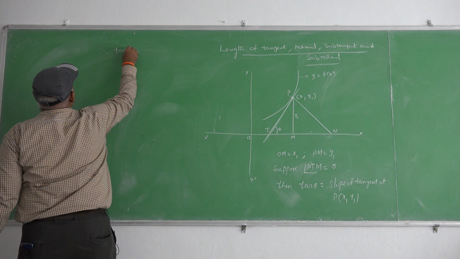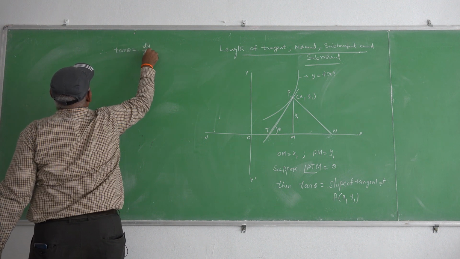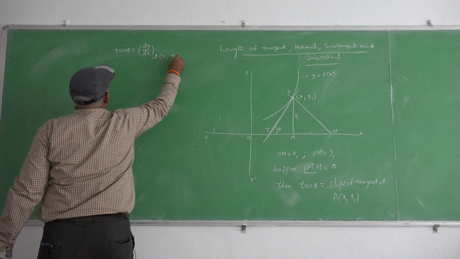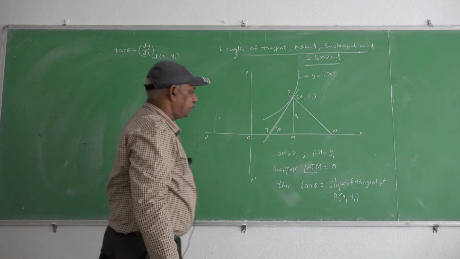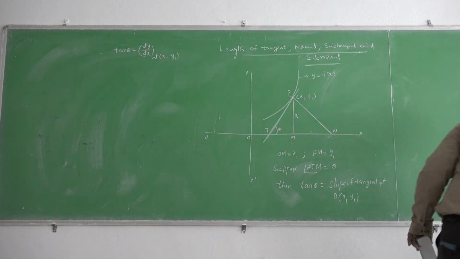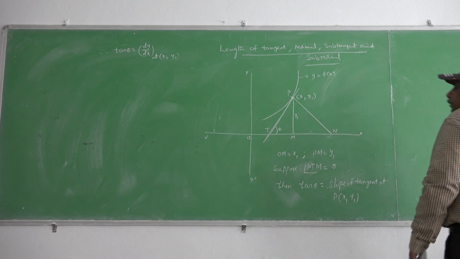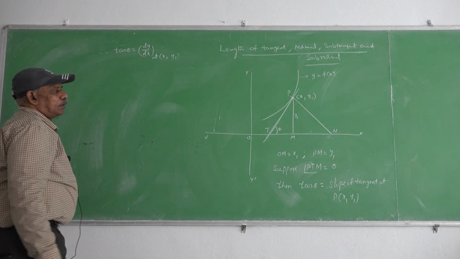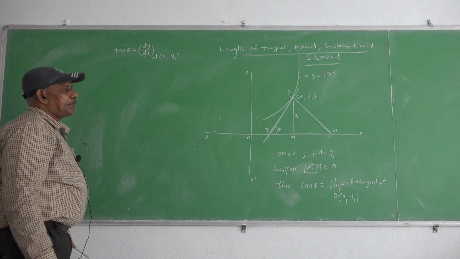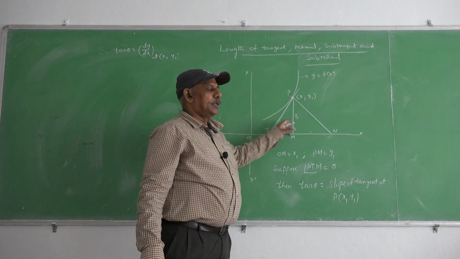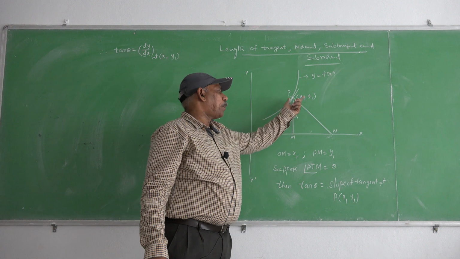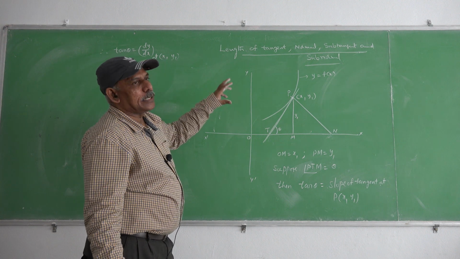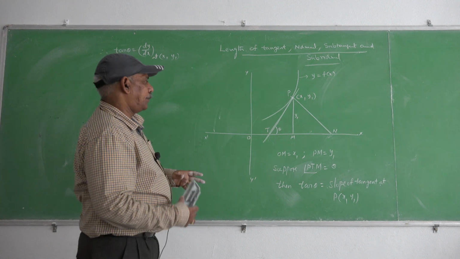So tan theta is given by the derivative of the curve at the point (x1, y1). With the help of this dy by dx and (x1, y1), that means the slope and the given point on the curve, you can find the length of the tangent, the length of the normal, the subtangent and the subnormal.